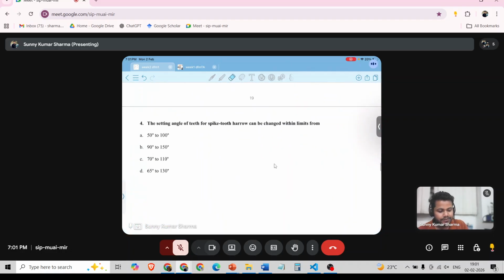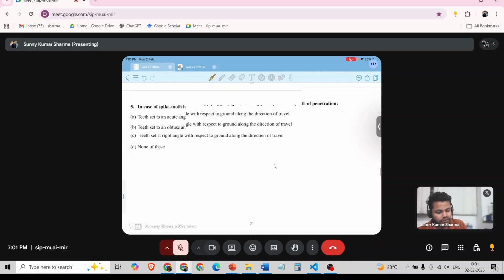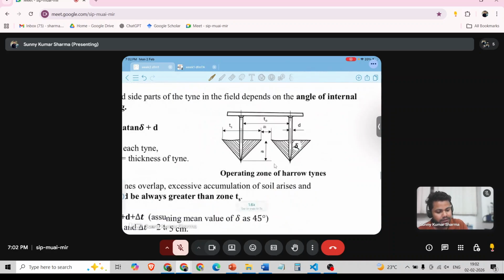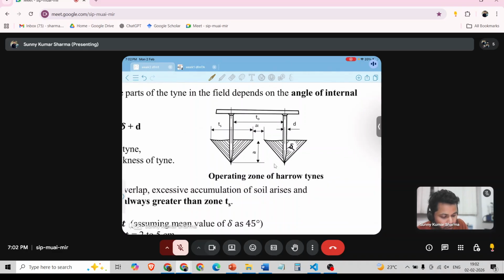So the second thing is spike tooth harrow and cultivator. You can see this is a spike tooth harrow. These are the spike tooth harrows. And how do we calculate the spacing between these two tines? Suppose it is working at a depth of a, and the angle of internal friction of soil is delta.